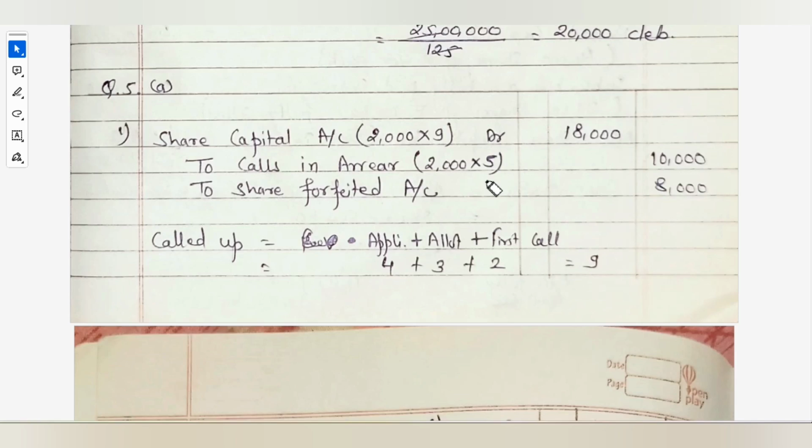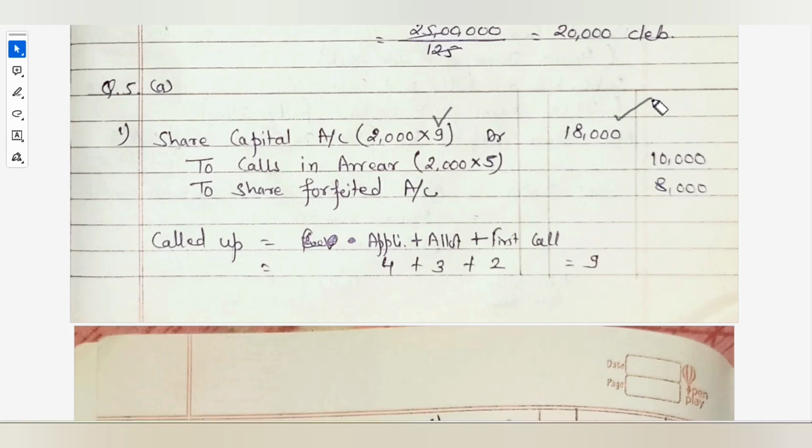So we have to be utmost sincere and careful that we don't multiply this by the face value. Rather, we have to go through the called up money. And in no case can the called up money exceed the face value. Rather, called up money may be equal to the face value or below the face value. So here in this case, it is 9.